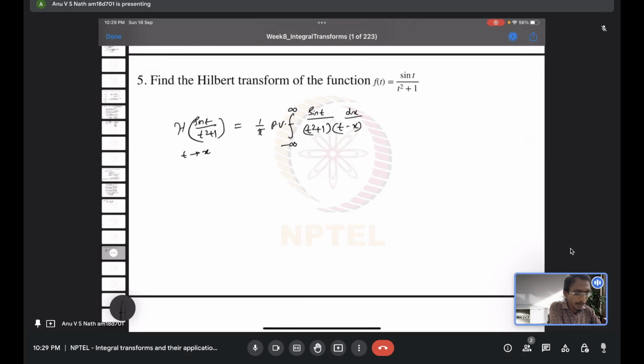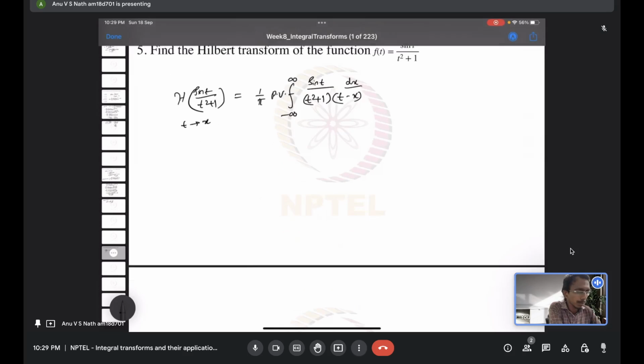Now this integral is difficult to solve, so you have to move to the complex plane. And when you have sin t or cos t, you will always choose the function in the complex plane to be e raised to it, divided by (t square plus 1), then (t minus x) dt. Oh, it's actually not ds, sorry, it's a dt. So t is the integration variable.